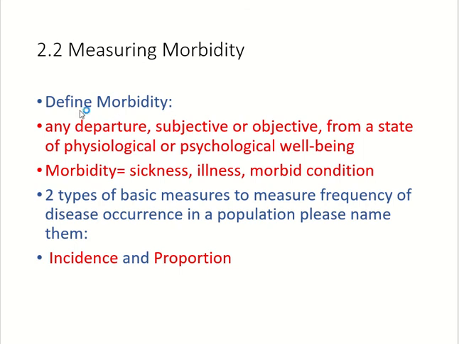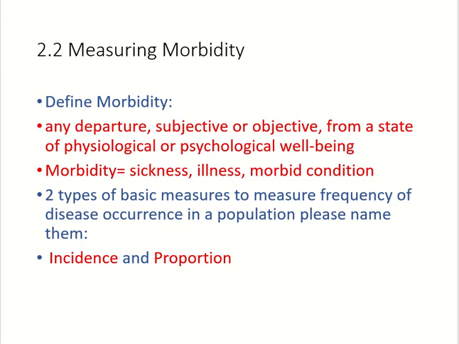In this book, morbidity is defined as any departure, subjective or objective, from a state of physiological or psychological well-being. And therefore, morbidity is sickness, illness, or morbid condition. And there are two types of basic measurement to assess morbidity in a population: incidence and prevalence.